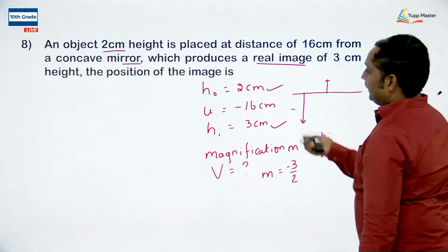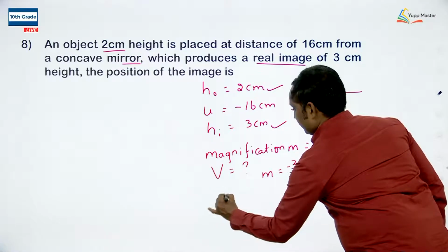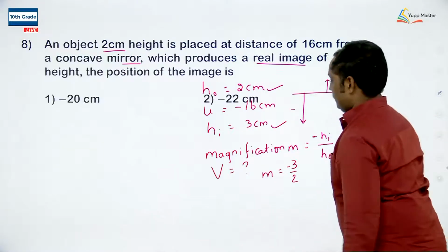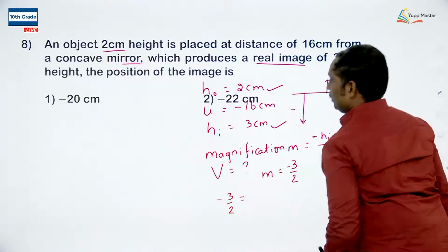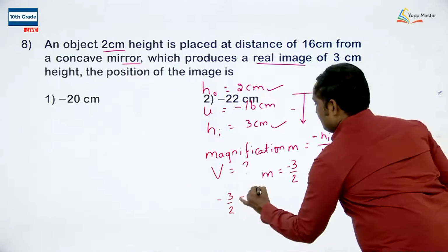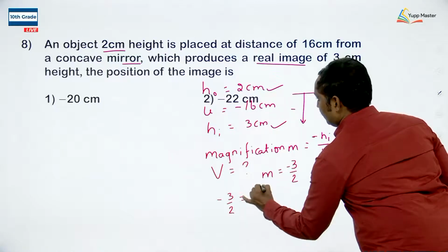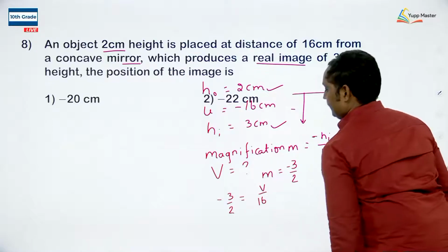By the substitution you will find that minus 3 by 2 is equal to, after cancellation, v by 16.